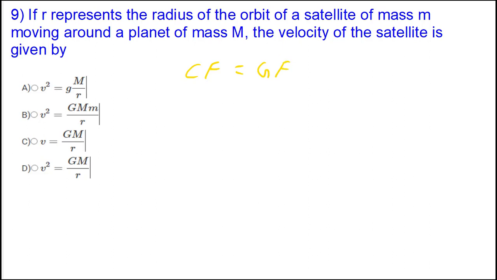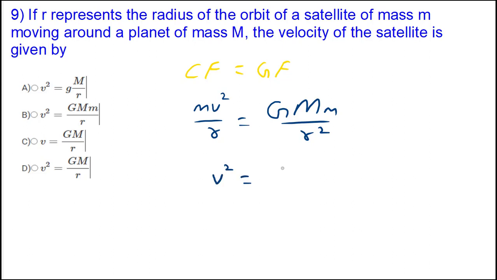So centripetal force is given by m v square upon r, and gravitational force of attraction is given by G M m upon r square. If we take small m as the mass of the satellite, it gets cancelled out. So what we get is v square is G M upon r. So this option D is the correct option.